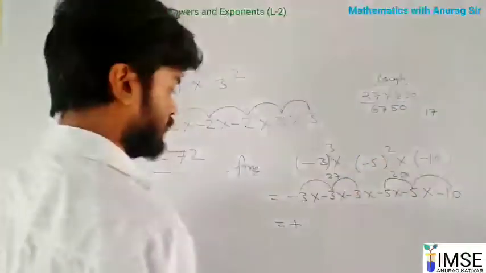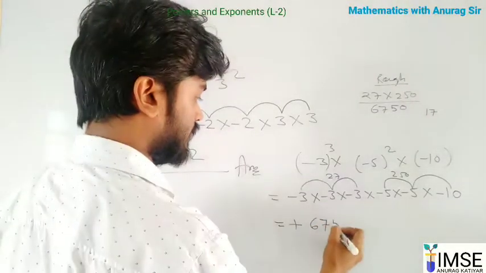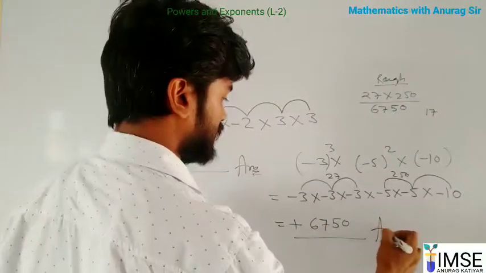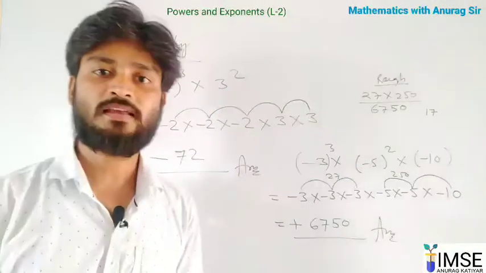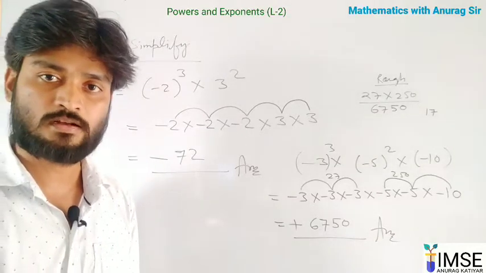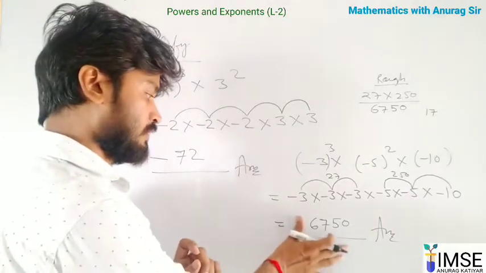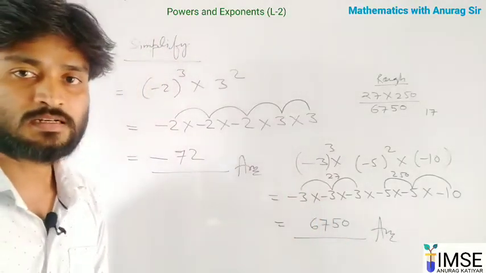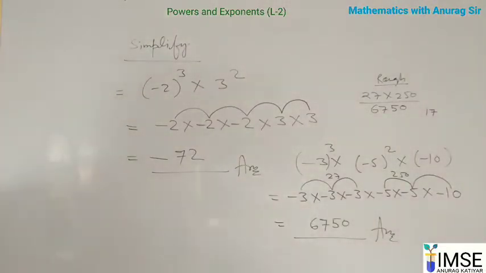So here you finally have the answer 6750. This is your answer, and you know very well we do not apply the plus sign if any number is written alone, in single form. So we don't apply a minus sign here, so we remove this. This also represents the plus sign. So dear students, note this down.